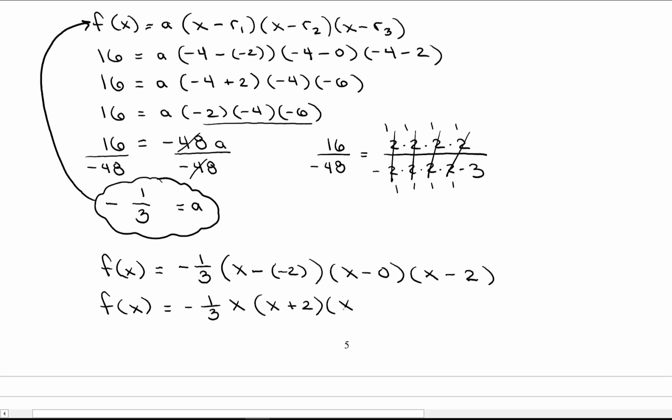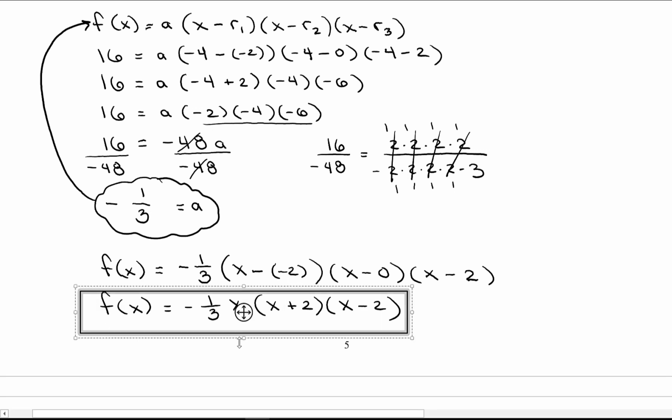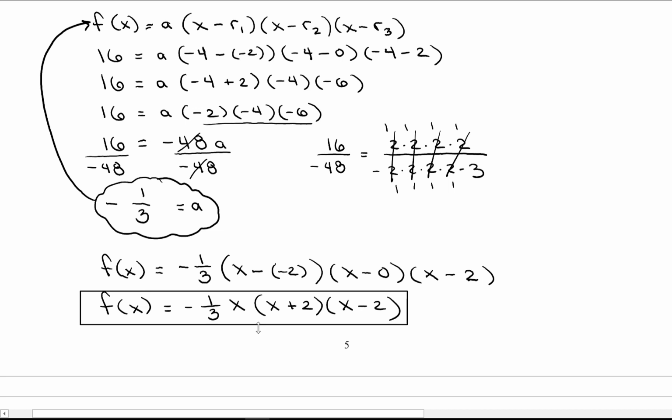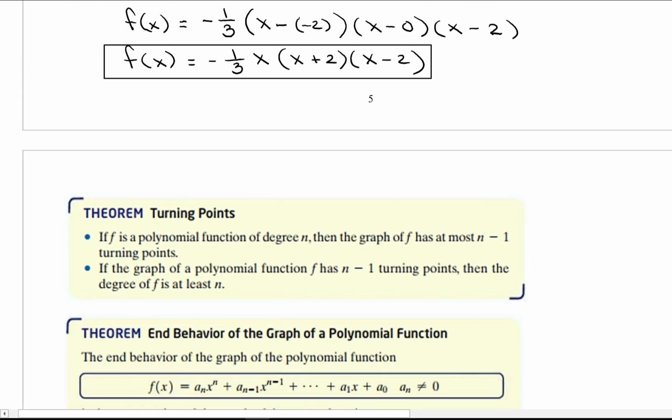Oh, I forgot to write the x in the front first, because for that x minus 0, and then we'll write x plus 2 and x minus 2. And there we go. There you have it. There's our polynomial function. Fun stuff. Yes, right? We don't miss out on the fun here in math. It just keeps coming. You know, can't keep it from being fun. It just is.